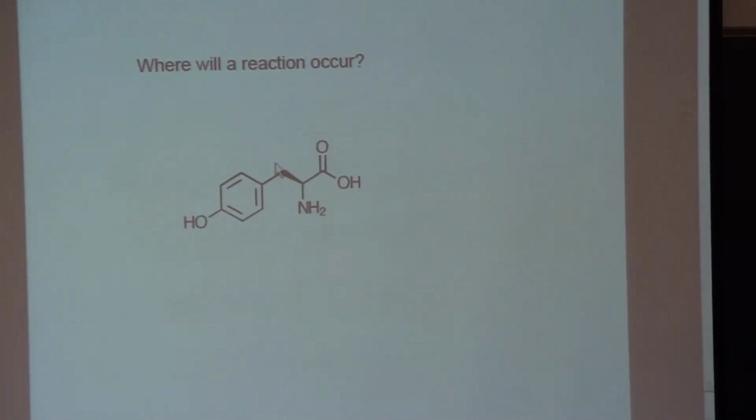Why ortho to the OH? Yeah, because this is a strong activator, so the nitro group can be here or there. It would take the para position first, but it's taken. Yeah, because the para position is already taken. So that's a good thing to remember. Remember that the OH is a better activating group than this alkyl group.